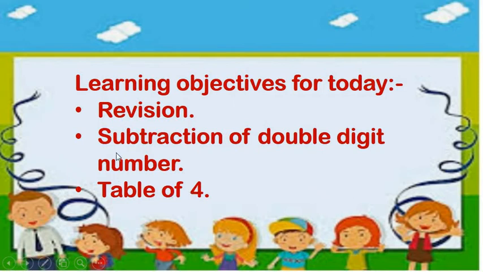Yes, today we are going to learn all these things. First we will make revision from the very starting of the lesson. After that we will learn subtraction of double digit number, and at last we all will learn table of 4.